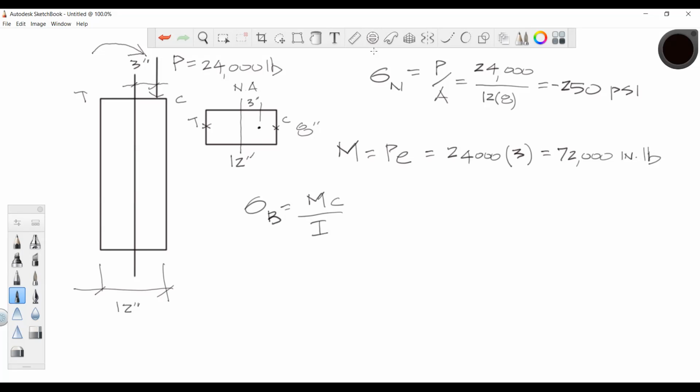We know what the moment is, right? What is C in this picture? It's the distance from the neutral axis to the edge fiber, correct? So what would C be?